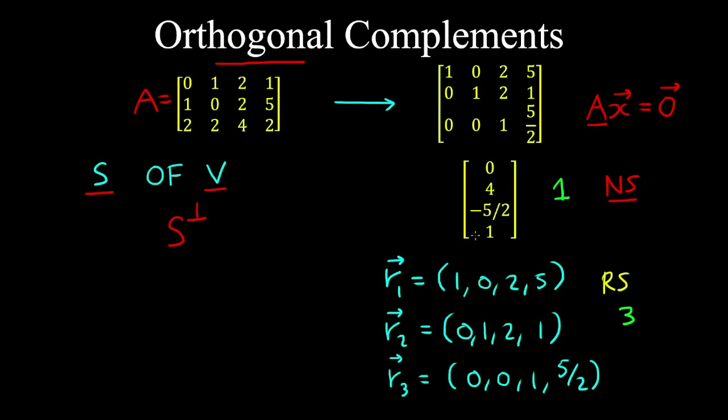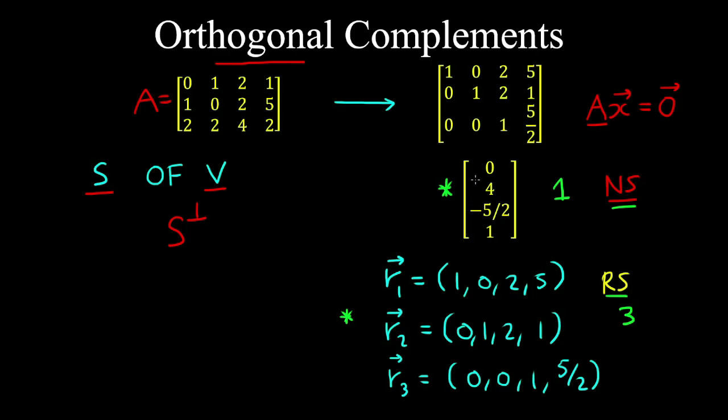So recall that the row space and null space are orthogonal complements of each other. And we can show this by taking the dot product between this basis vector in the null space and these basis vectors in the row space.